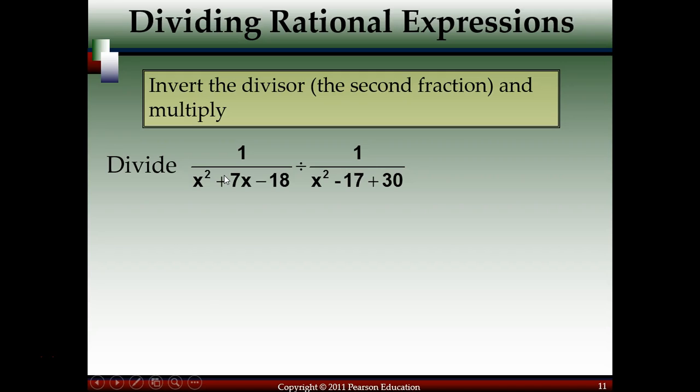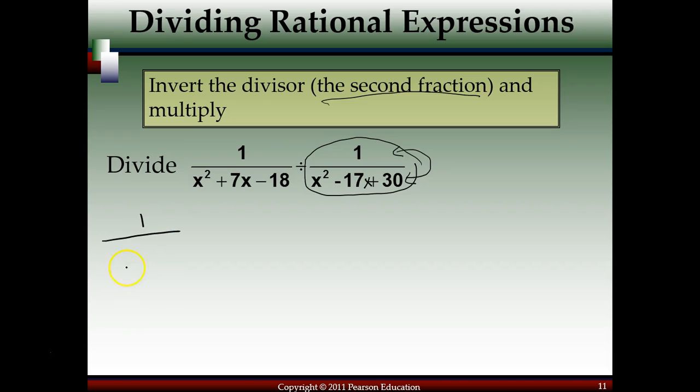But before we do, first thing is invert the divisor, the second fraction. So this right here, do the reciprocal of that. So switch the 1 and the x squared minus 17x plus 30. Flip those around. And then we'll start factoring.